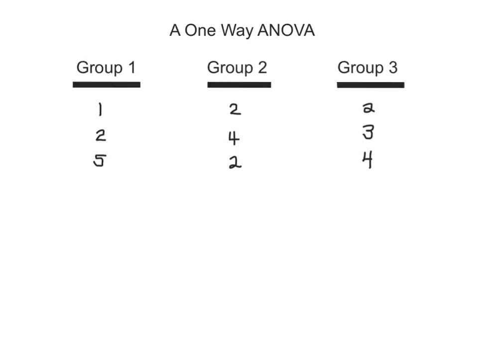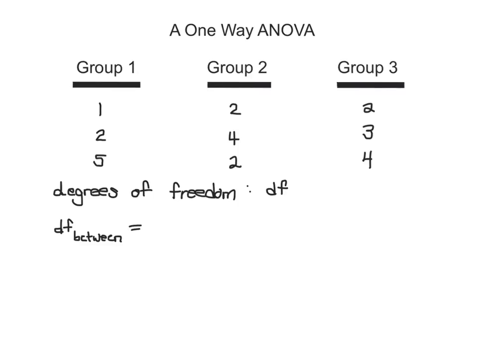So now what we're going to do is look at our degrees of freedom, and what we use for degrees of freedom is df. We'll start by finding the degrees of freedom between our groups.